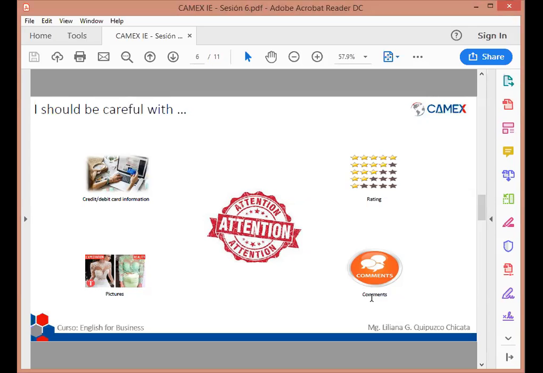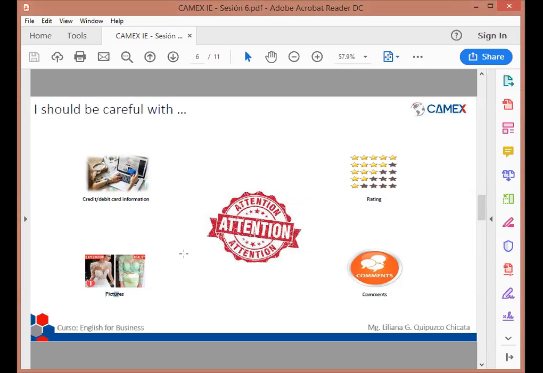And finally, we could talk about pictures. In this case, it means looking at the pictures in the comments. We can find them on Alibaba, Amazon, and AliExpress, to be sure that the product they're offering us is the product we are seeing in the sale pictures.